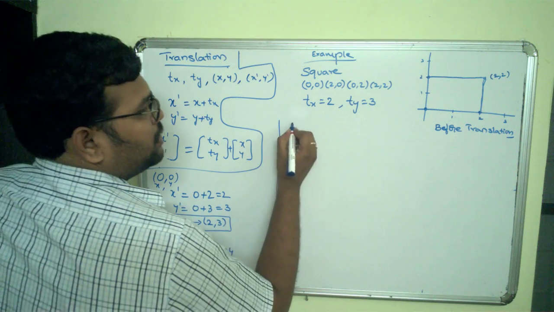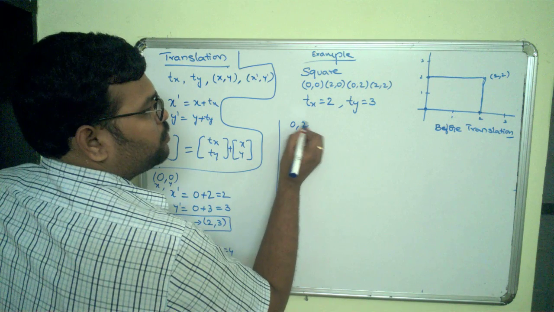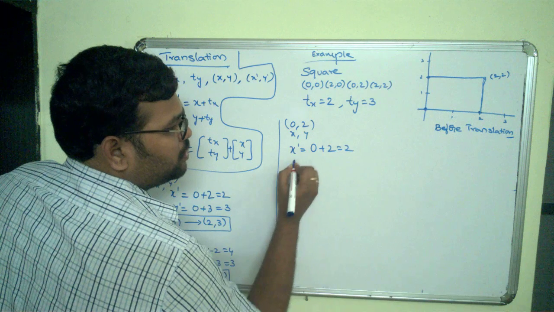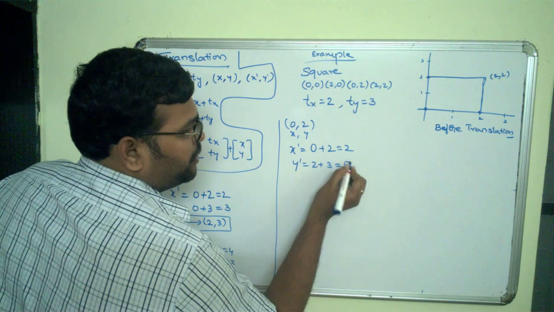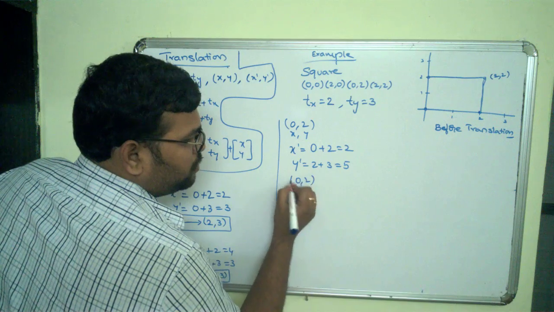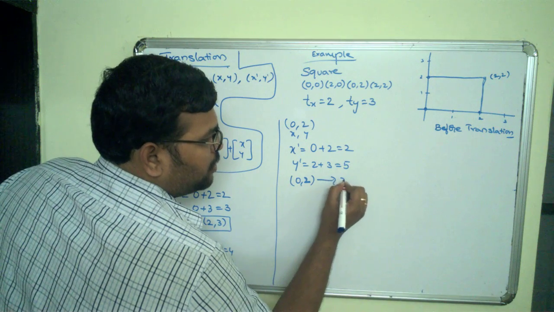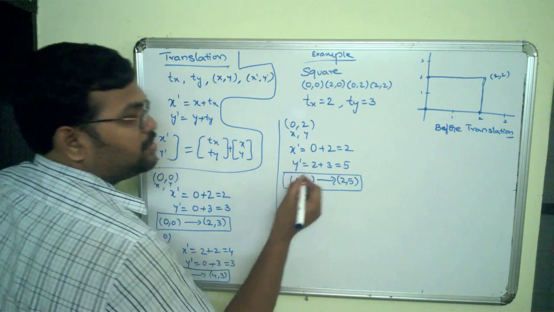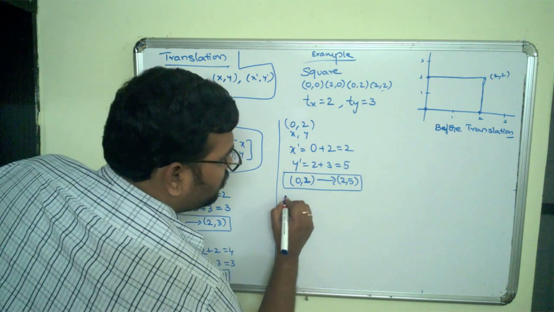And coming to the third, (0, 2). So this is x and this is y. X dash is 0 plus 2 equal to 2, y dash is 2 plus 3 equal to 5. So (0, 2) becomes (2, 5). Similarly, the last point (2, 2).